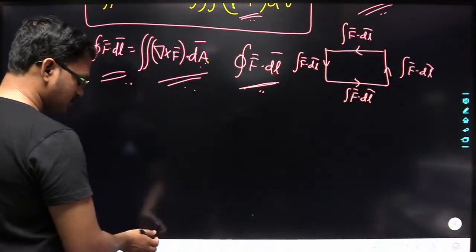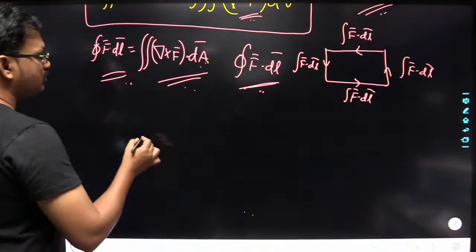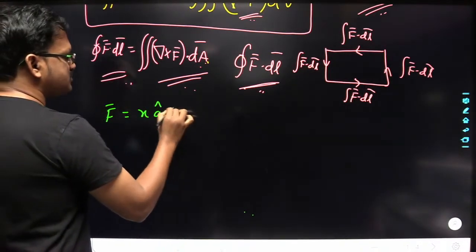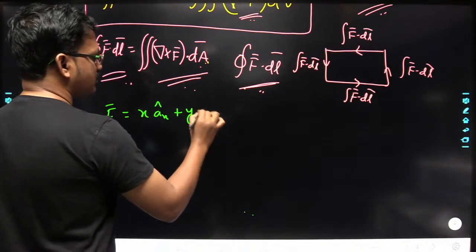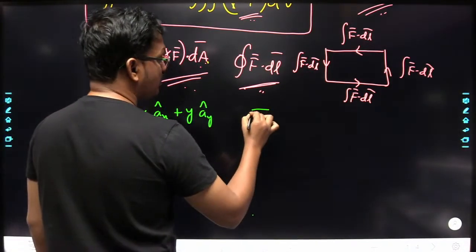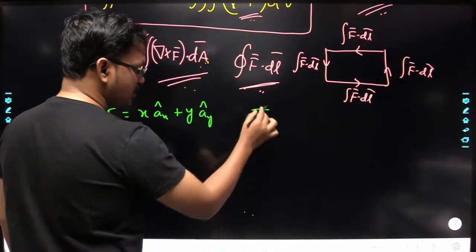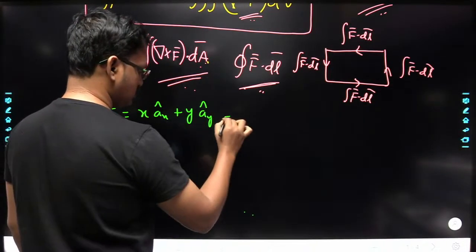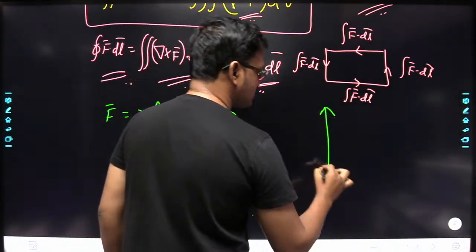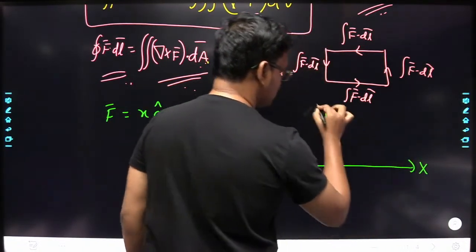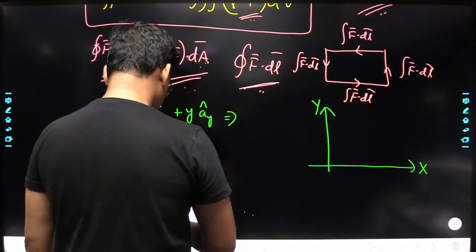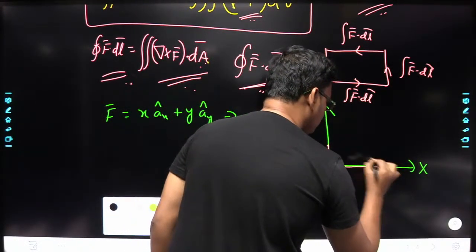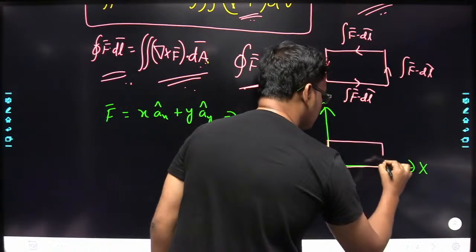For example, we have done this for f bar equal to x ax cap plus y ay cap. Do you remember this one? This is the x-axis, y-axis, and we have considered a closed loop.